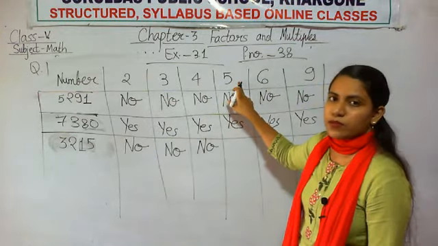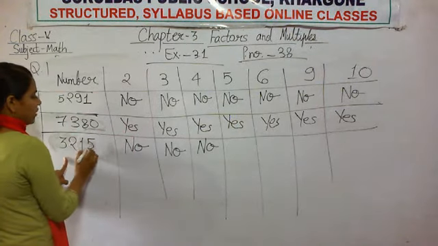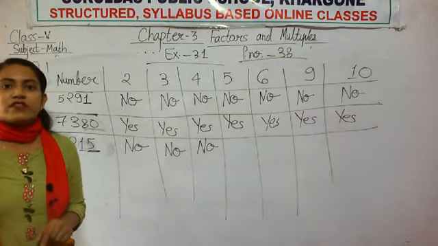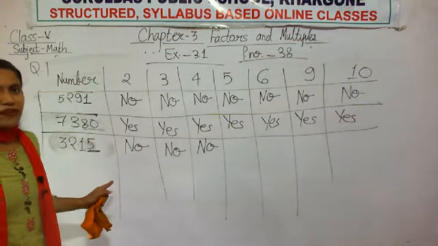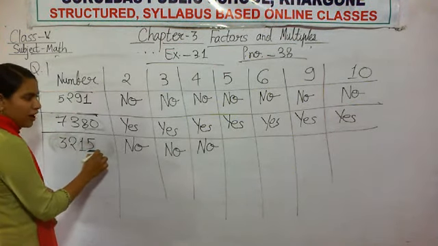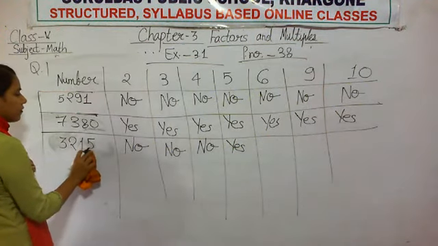Now check the divisibility by 5. For checking the divisibility by 5, you have to check the ones place. If the ones place is 5 or 0, then you conclude that the given number is divisible by 5. So here the ones place is 5. So yes, this number is divisible by 5.